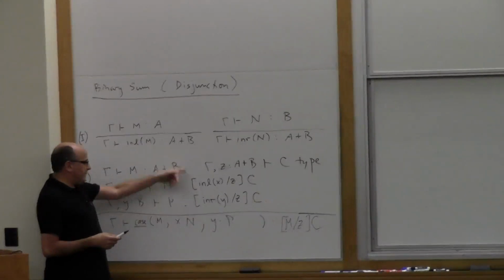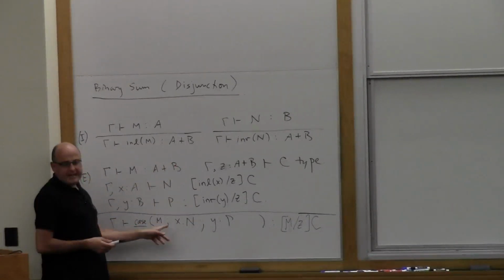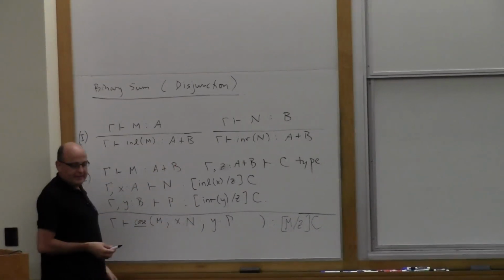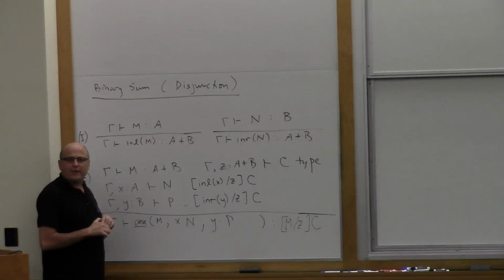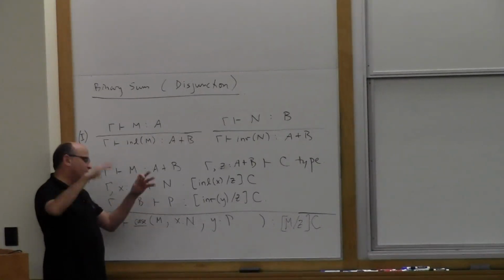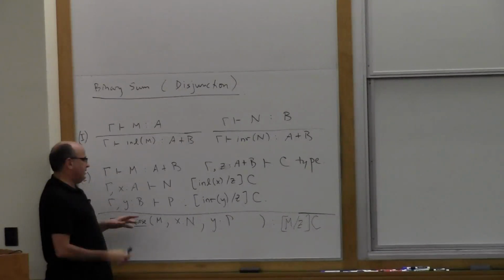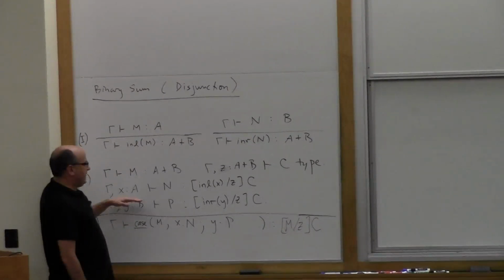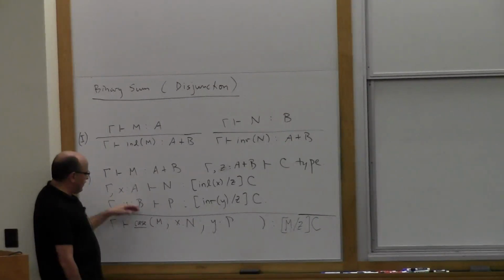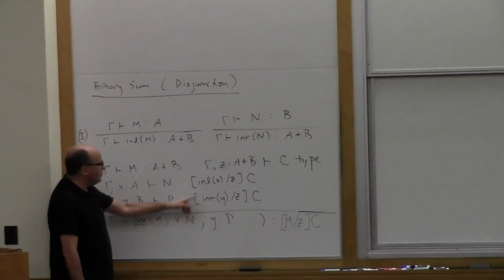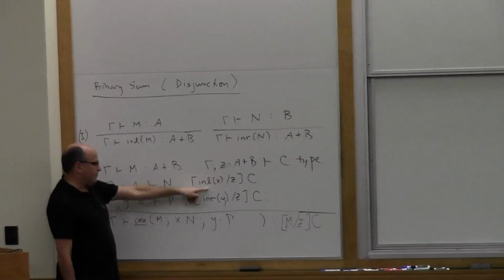Now, I want to mention two remarks here. This idea has been around for decades, at least since the 70s and maybe before that. But it was rediscovered a while ago in the guise of what are called GADTs. There's some big fanfare about this, and I find it rather tries my patience, because the main idea is that when you do the case analysis, you know in the target type which case you're in.